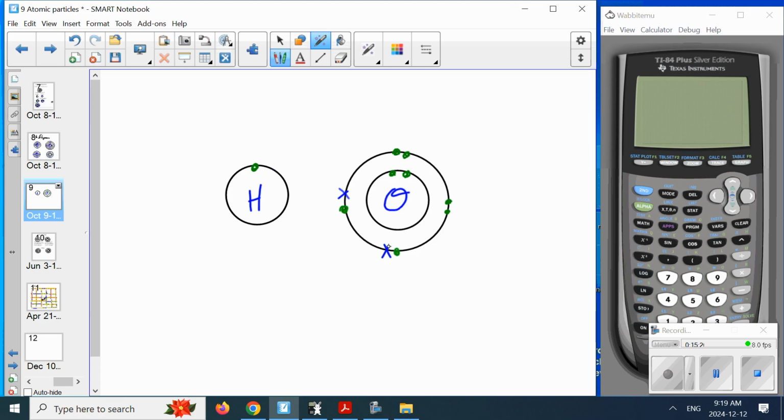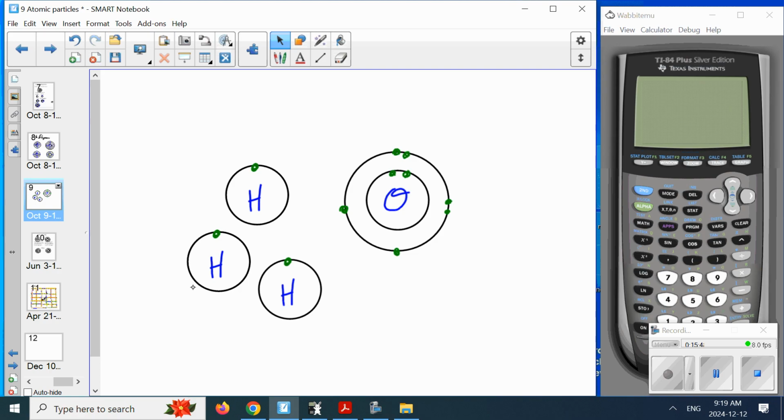So, what's the formula for water again? H2O. That means we need 2 hydrogens for 1 oxygen. Then what? Well, does it make sense? I'm going to just grab this. We're going to ignore this hydrogen that originally was there.